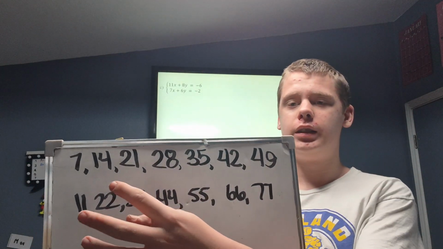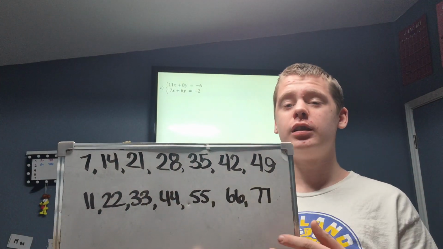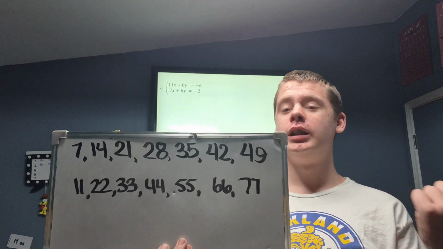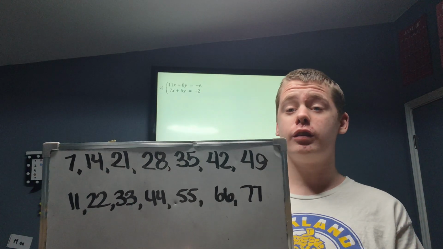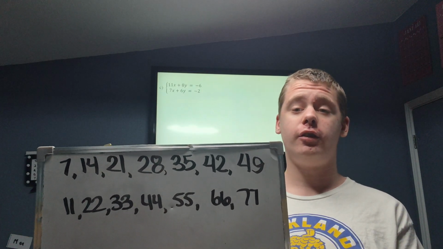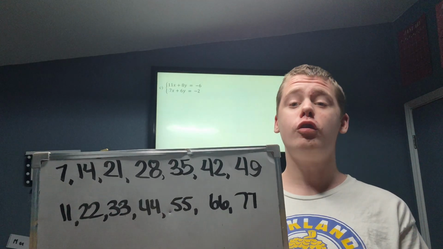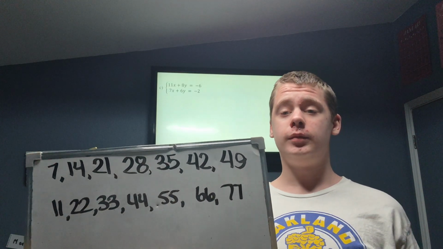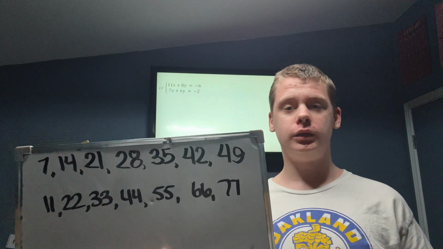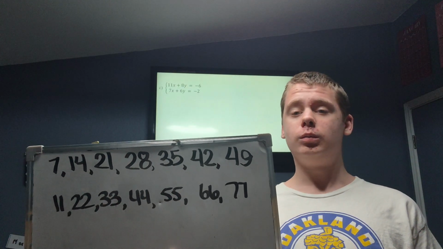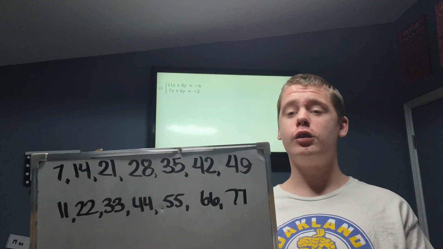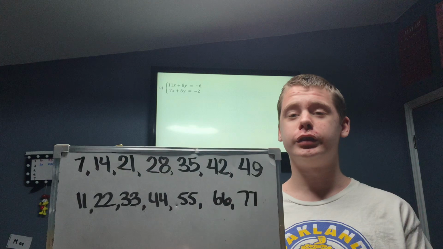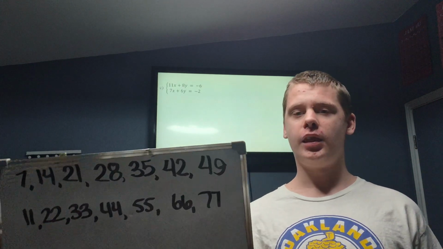So, you see that 7 has its multiples: 7, 14, 21, 28, 35, 42, and 49. 11 has its own multiples, which are 11, 22, 33, 44, 55, 66, and 77.